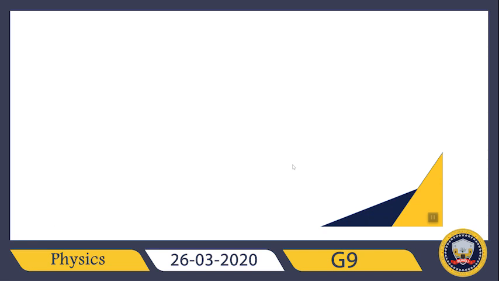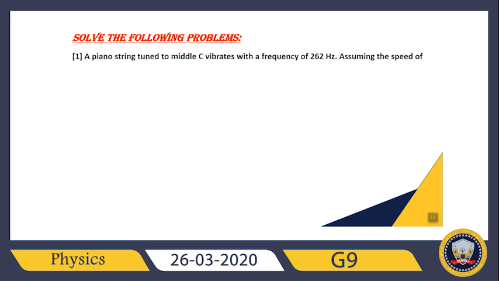Let's solve some problems together. Number 1. A piano string tuned to middle C vibrates with a frequency of 262 Hz. Assuming that the speed of sound in air is 343 meters per second, find the wavelength of the sound wave produced by the string.